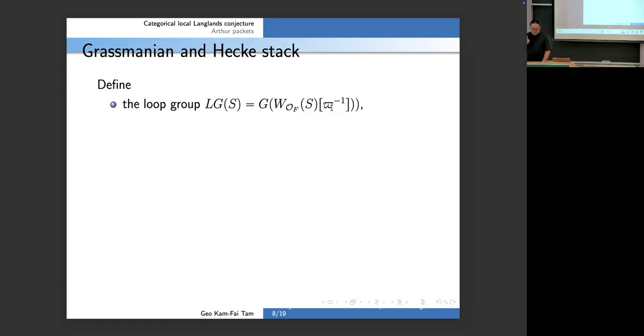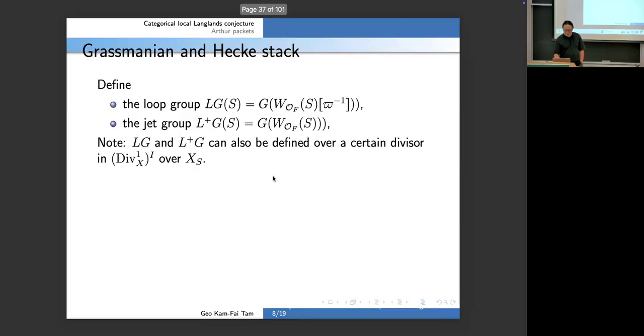Roughly speaking, you can imagine this is like the maximal unramified extension of F. If you find it technical, usually I just think about it as this maximal unramified extension. There's a subgroup of that, the L^+G. This is the jet group. You put in this Witt ring, which is again more or less like the ring of integers of this maximal unramified extension. You put in G with these as scalars.